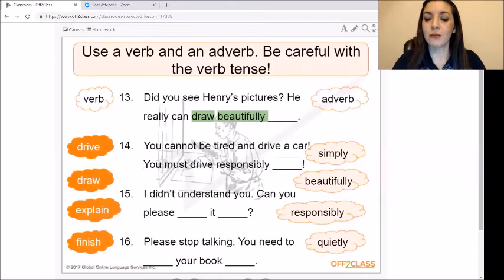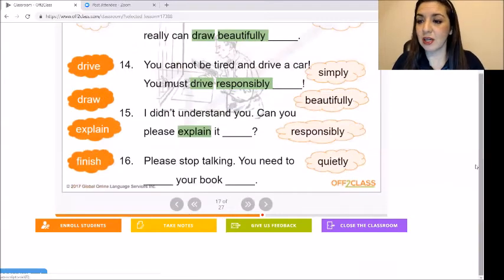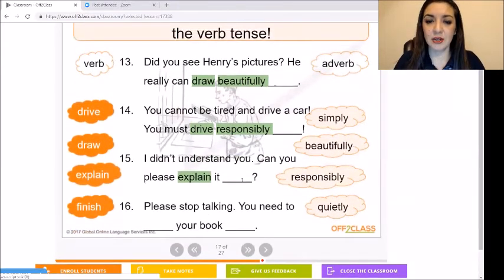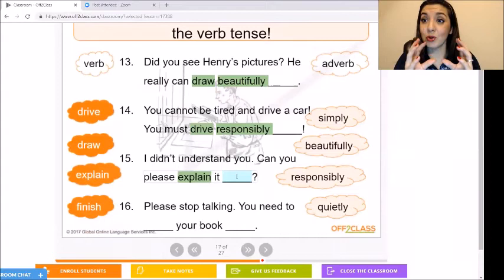Okay. Number 15. I didn't understand you. Can you please blank it blank? I didn't understand you. Can you please explain it? Explain it in a simple way.